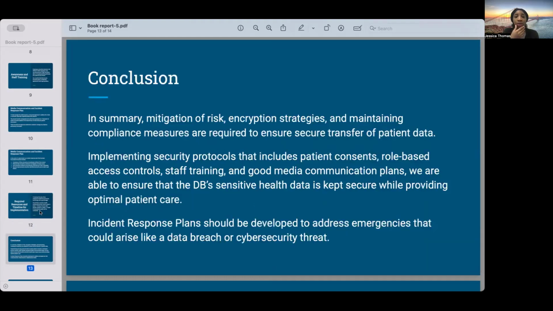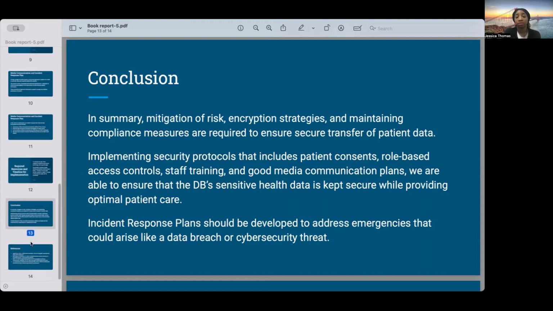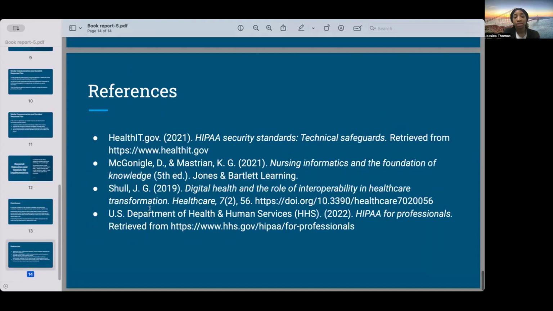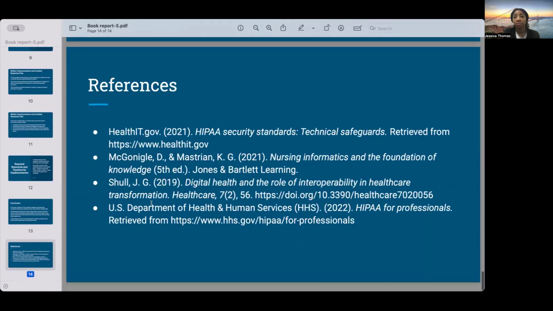And just to conclude, in summary, risk mitigation strategies for data encryption and staying compliant are required to ensure secure transfer of patient data. Implementing these protocols would help keep patient data secure, and always make sure to have an incident response plan. And these are my references. Thank you.